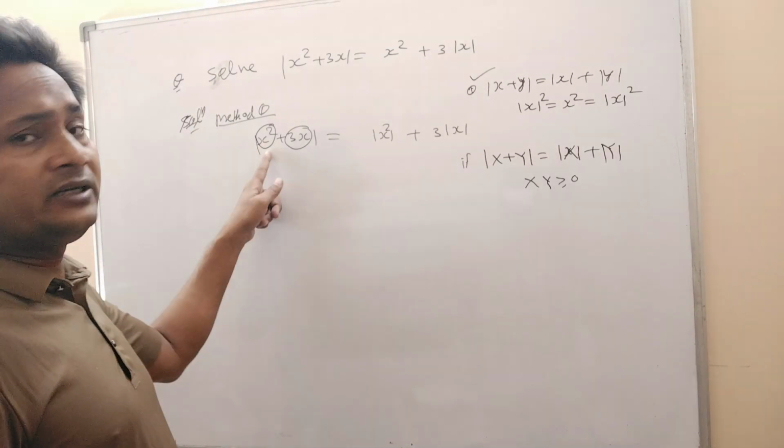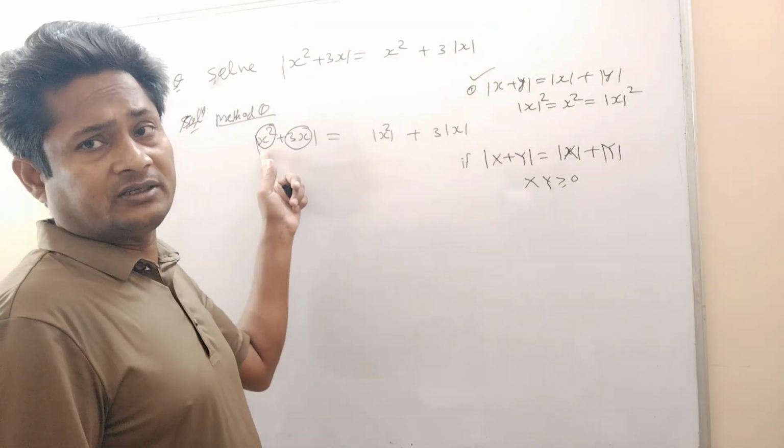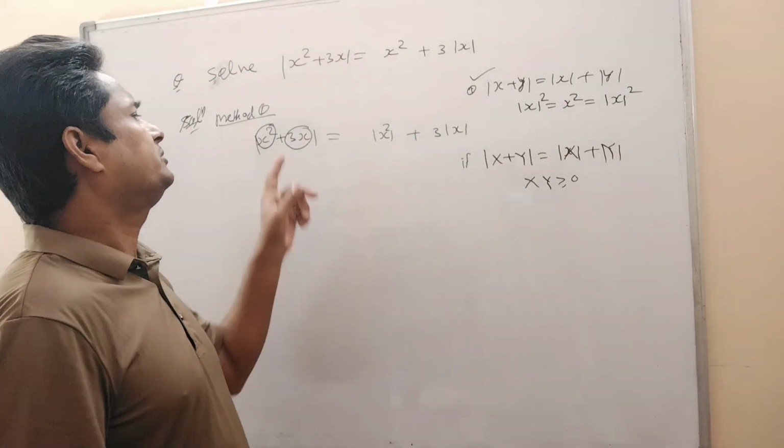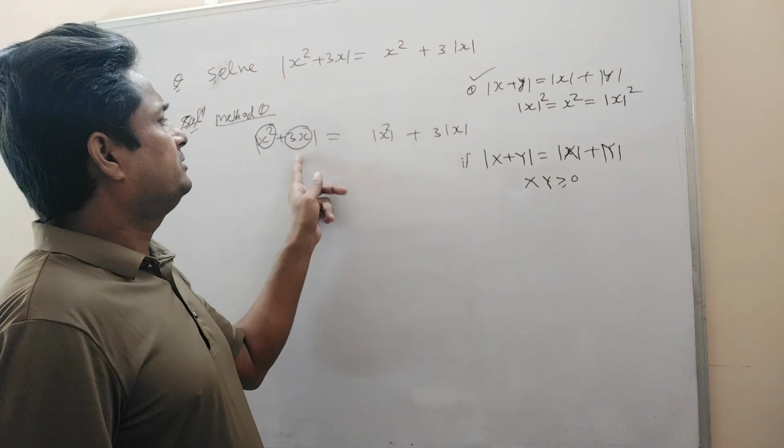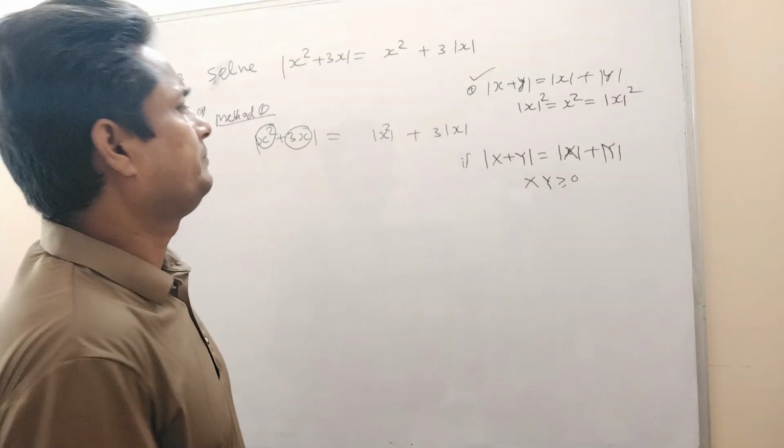So here if we take capital X as x square and capital Y as 3 times x, then this is equal to this one.